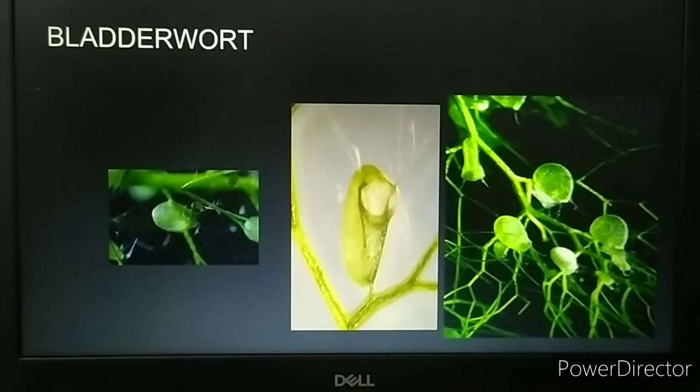Now I suppose you have understood what happens whenever an insect comes and sits on the surface of this bladder. It can sense, as we have sense organs which respond.